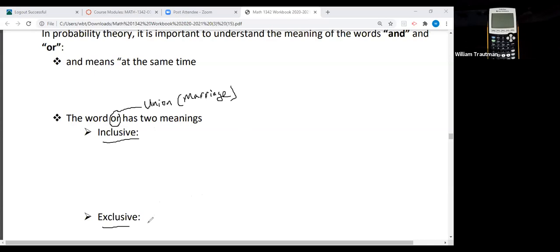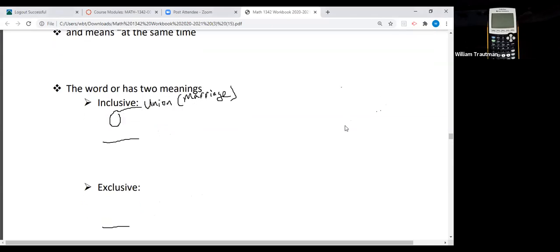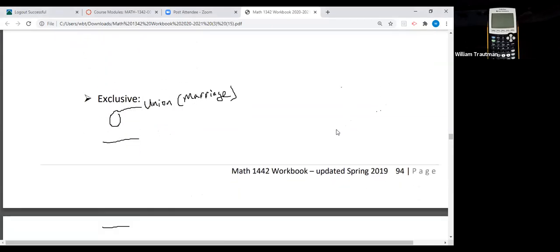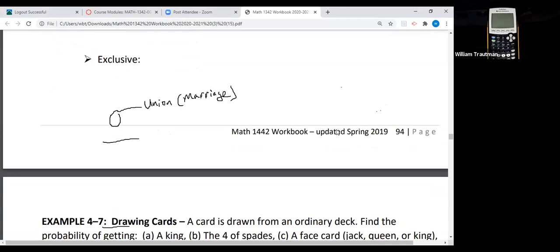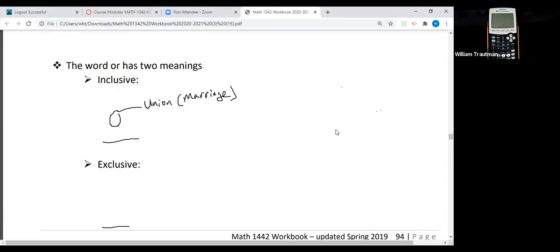Inclusive and exclusive. I'm not going to write anything down for those yet. Hopefully, I think there might be something coming up. I don't want to write anything down because we have two separate formulas for that, inclusive and exclusive.